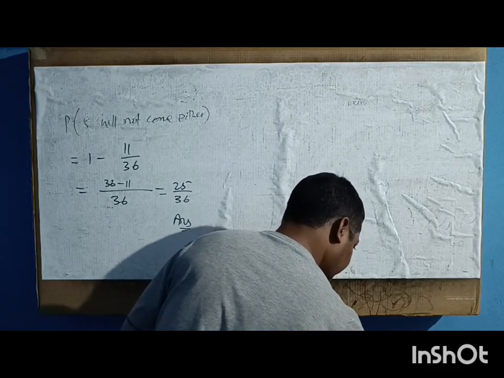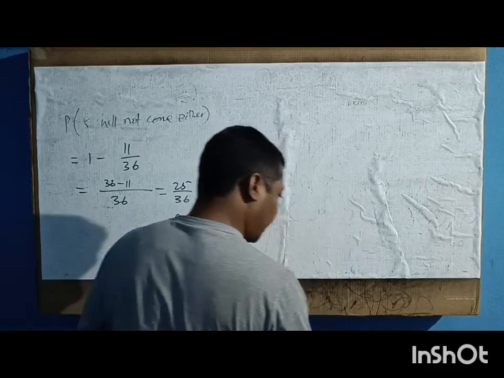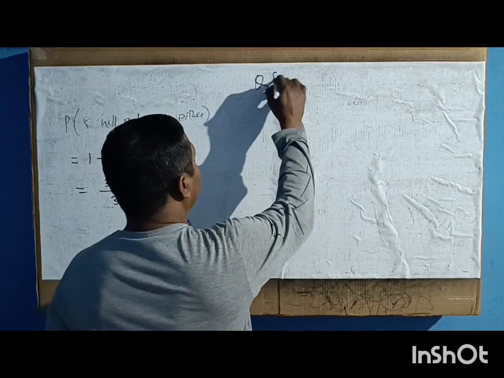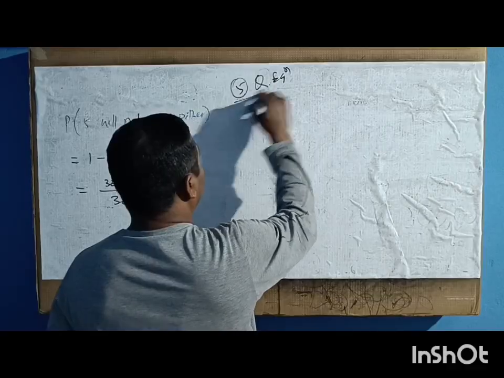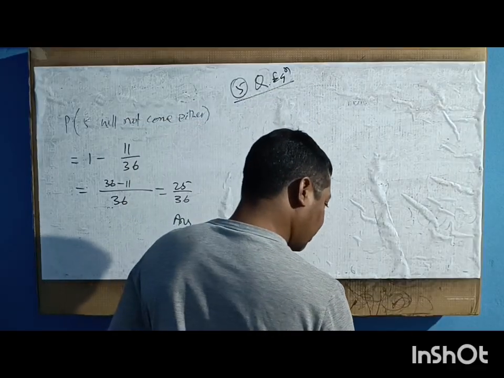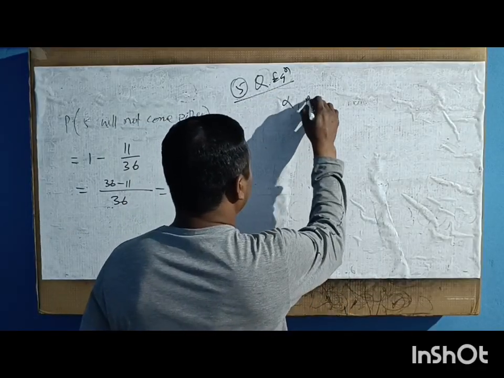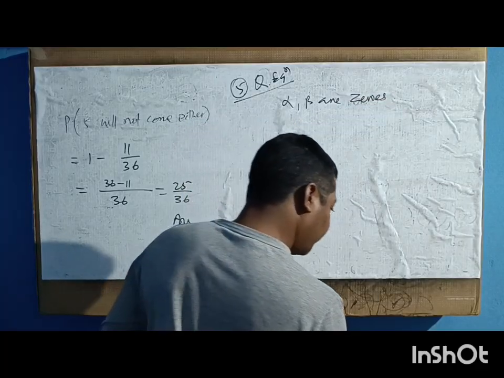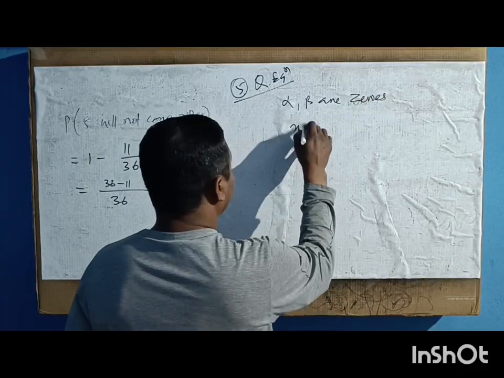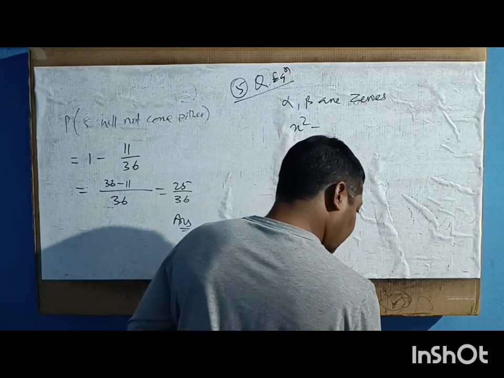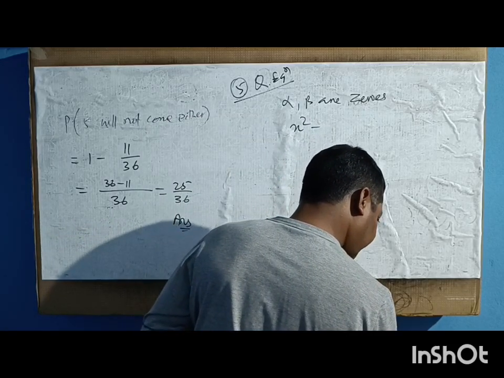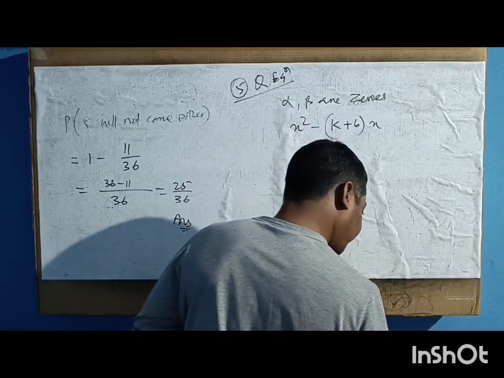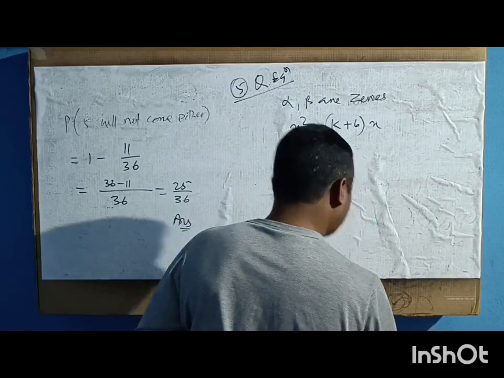If alpha and beta are the zeros of p(x), the polynomial x square minus (k plus 6)x plus 2 into (2k minus 1).